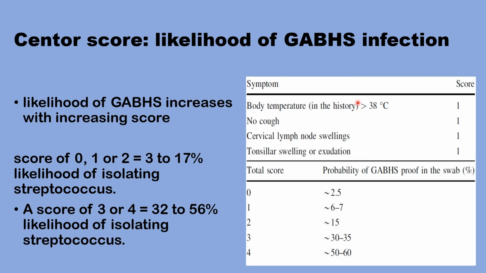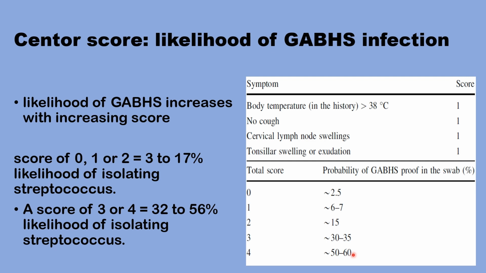If you have only 1 positive item out of the 4, you score 1, and the chances would increase to between 6 and 7%. 2 items, the chances would still be around 15%. 3 items, then the chances would be more than 30%, about a third of the cases would possibly have a group A. And with all the 4 items, the chances are more than 50%.